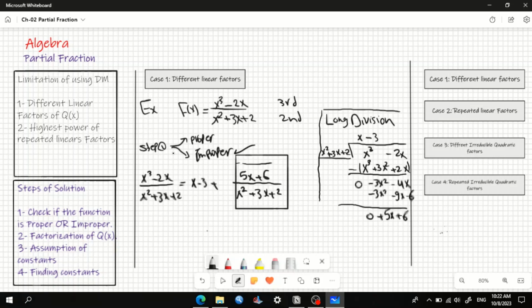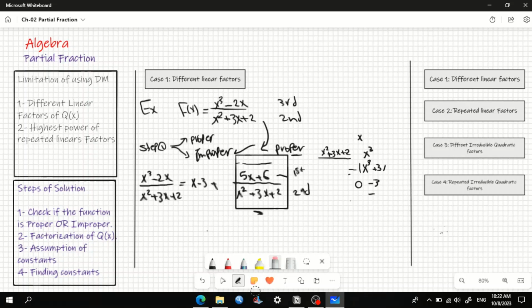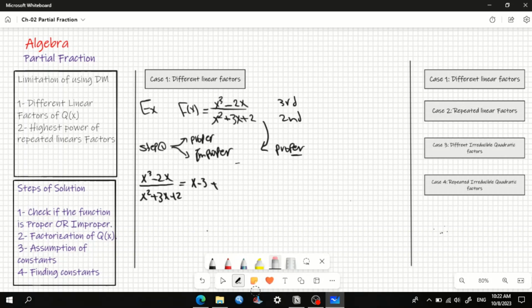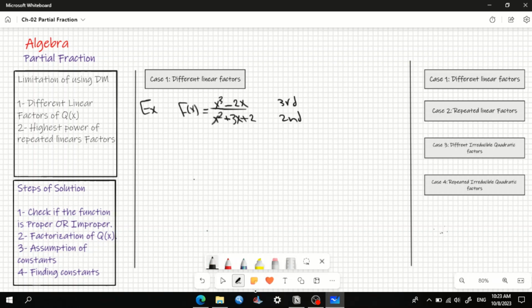We converted the improper fraction to a proper fraction, with first degree in the numerator and second in the denominator. So this will be equal to x minus 3 plus 5x plus 6 over x squared plus 3x plus 2.